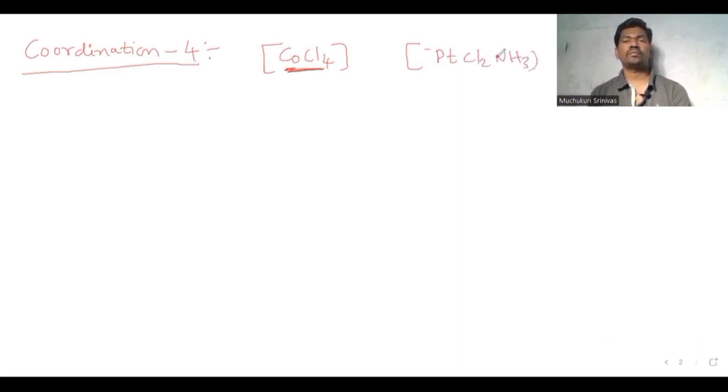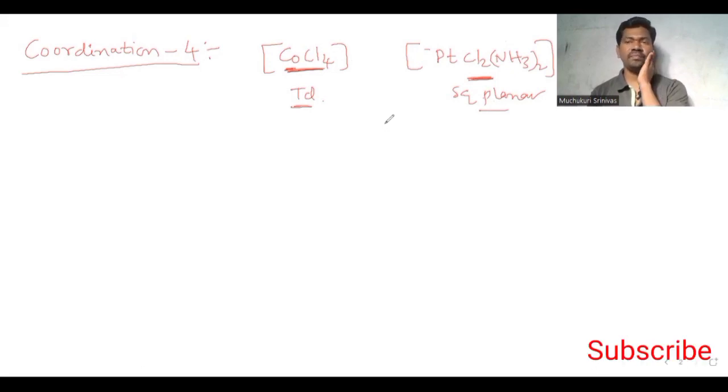That is square planar. So this is called square planar complexes, and this is tetrahedral geometry. In case of coordination number 4, two types of compounds are possible. One is tetrahedral.